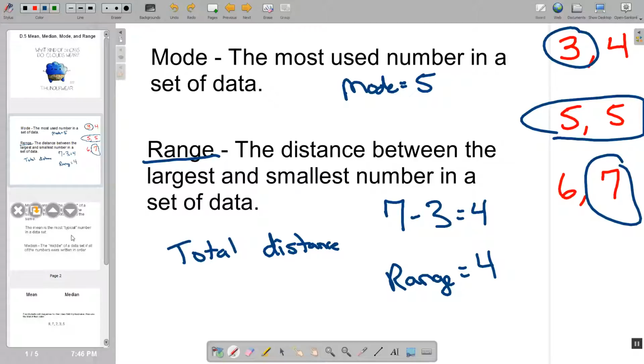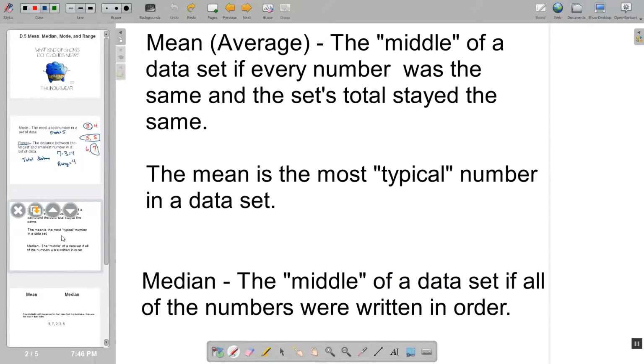Now let's move to the two things that we called the middle. Okay, we're going to look at mean first, and I like the word average, so I frequently will say average, but they mean the same thing. This is the middle of the data, but it's not actually the middle, okay? It's the set of data if every number was the same and the set's total stayed the same.